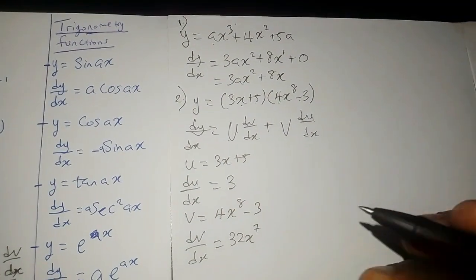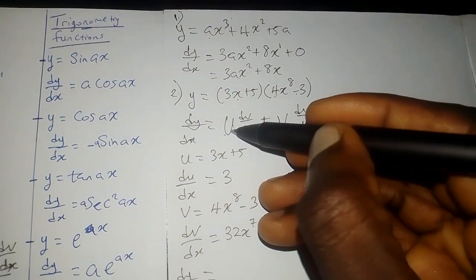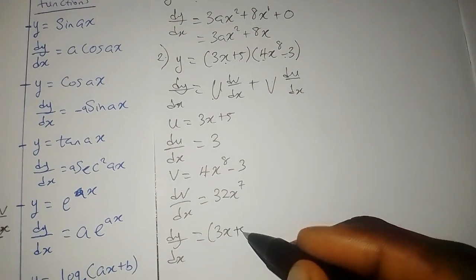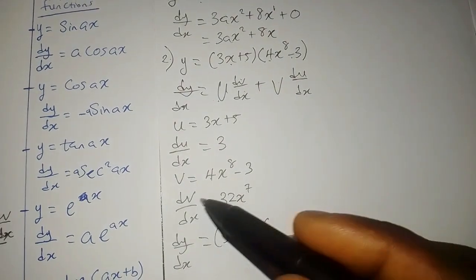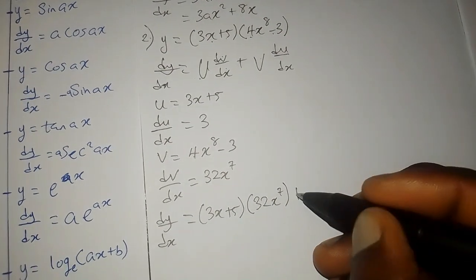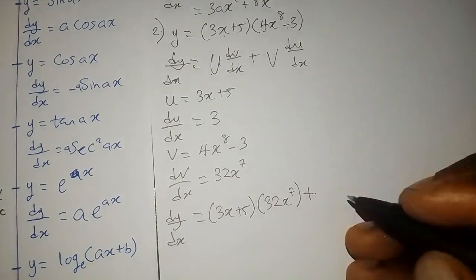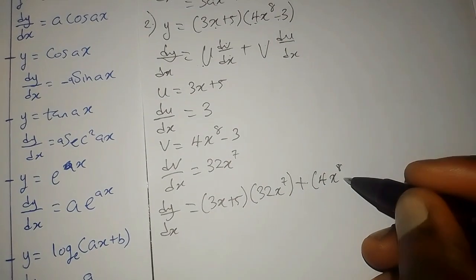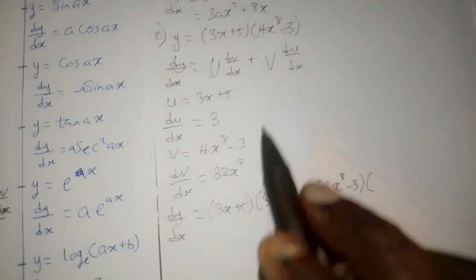I can say dy/dx is then equals to u, that's 3x plus 5, multiplied by dv/dx, which is 32x raised to power 7, plus our v, 4x raised to power 8 minus 3, multiplied by my du/dx, which is 3.